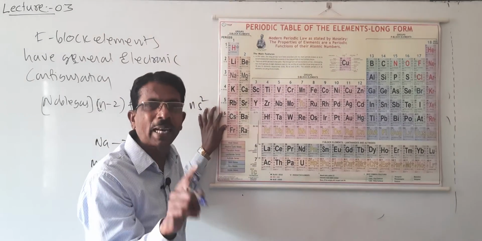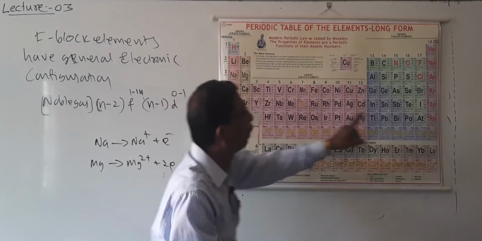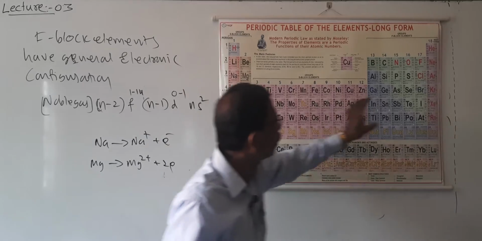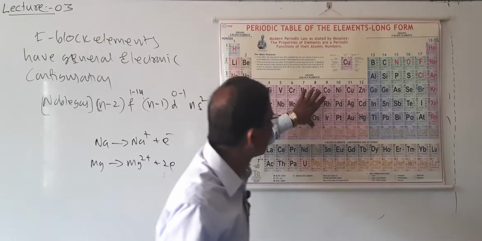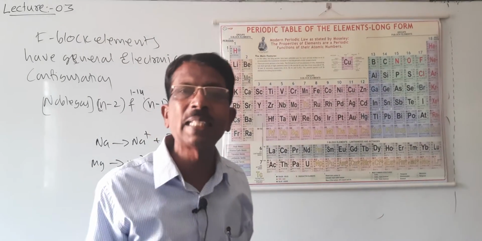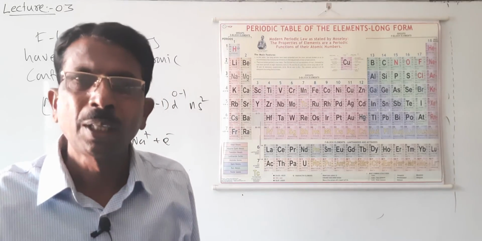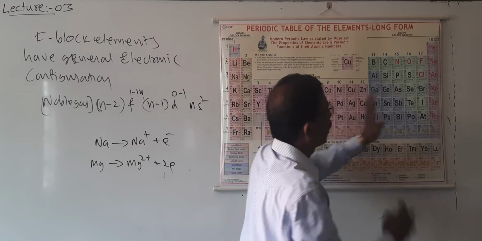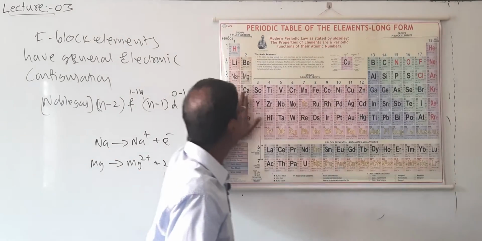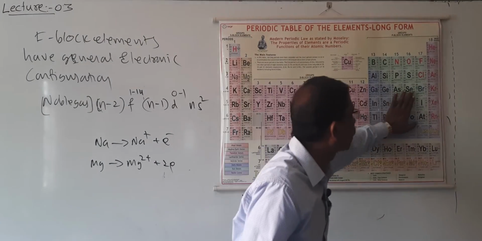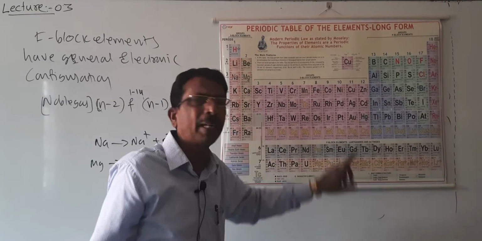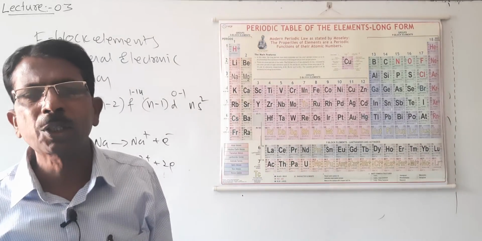The property gradually changes from s to p, and the d block is in the middle, hence it is called transition. The property changes from metallic to non-metallic. Here it has metallic property and these have non-metallic property. These have intermediate properties. Hence these are called transition elements.